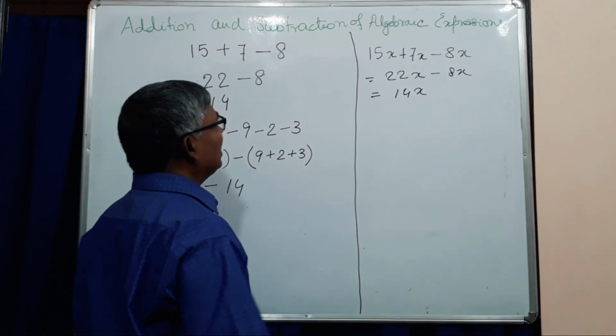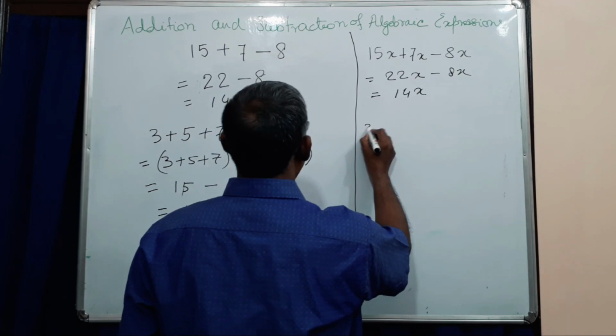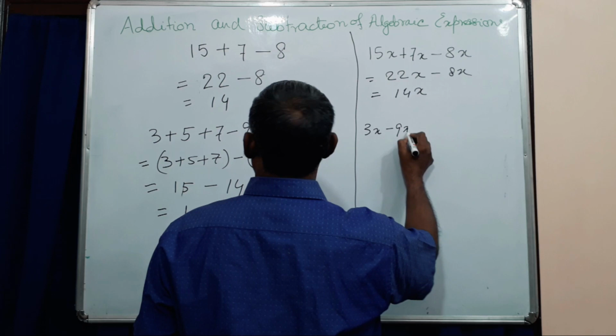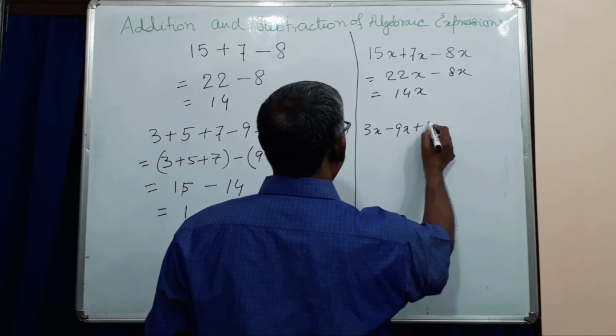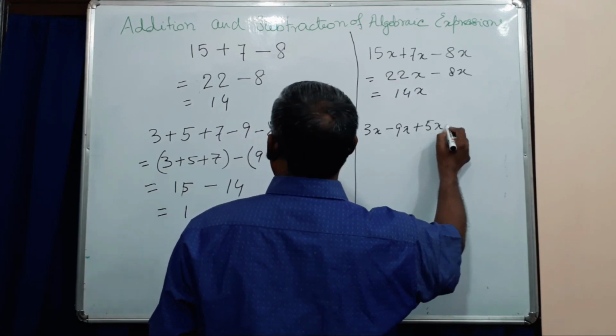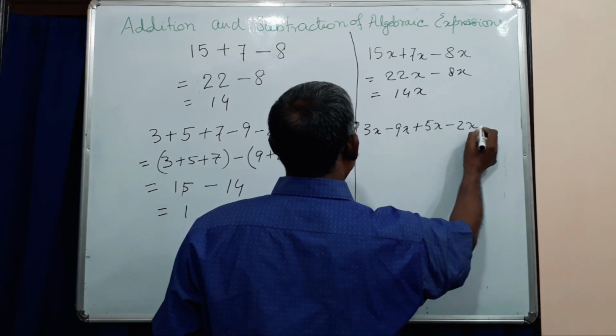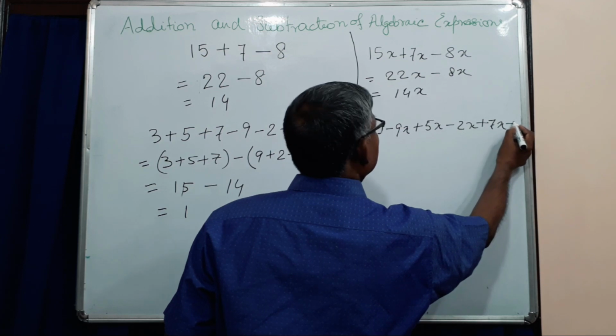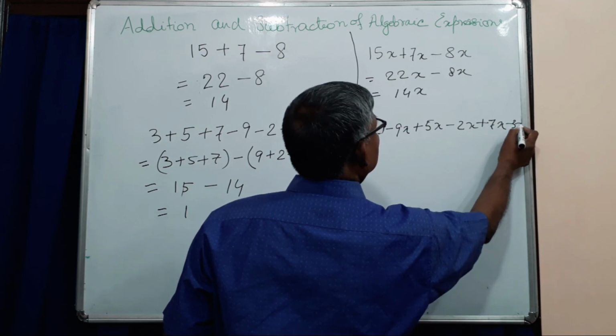Suppose in algebra, it is 3x minus 9x plus 5x minus 2x plus 7x minus 3x.